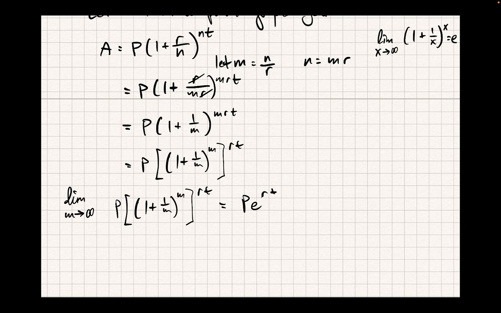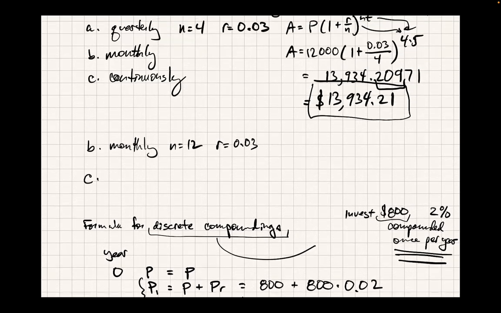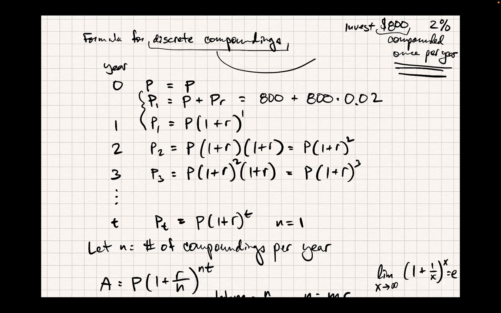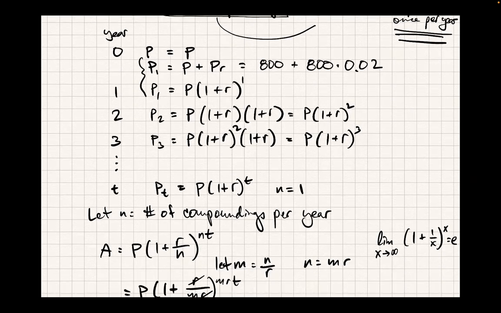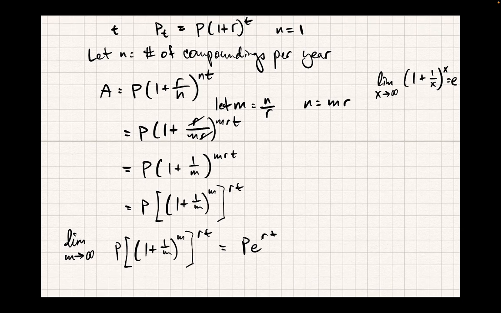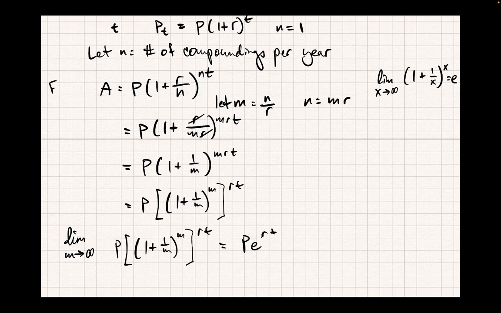RT. So we started with the formula for discrete compoundings, and this is our formula for discrete compoundings. Discrete meaning number of times per year.